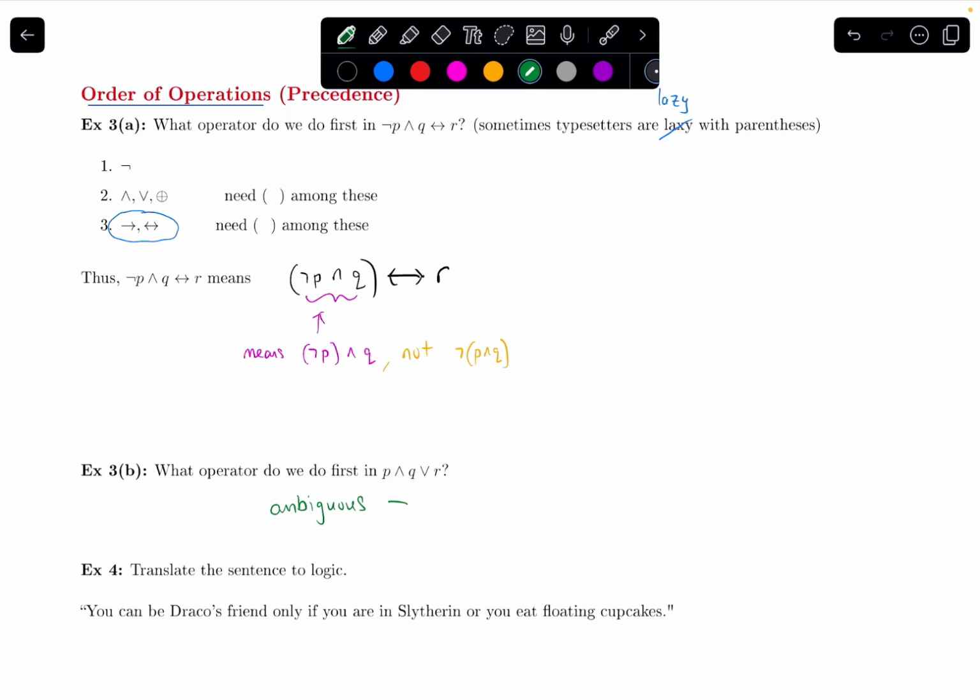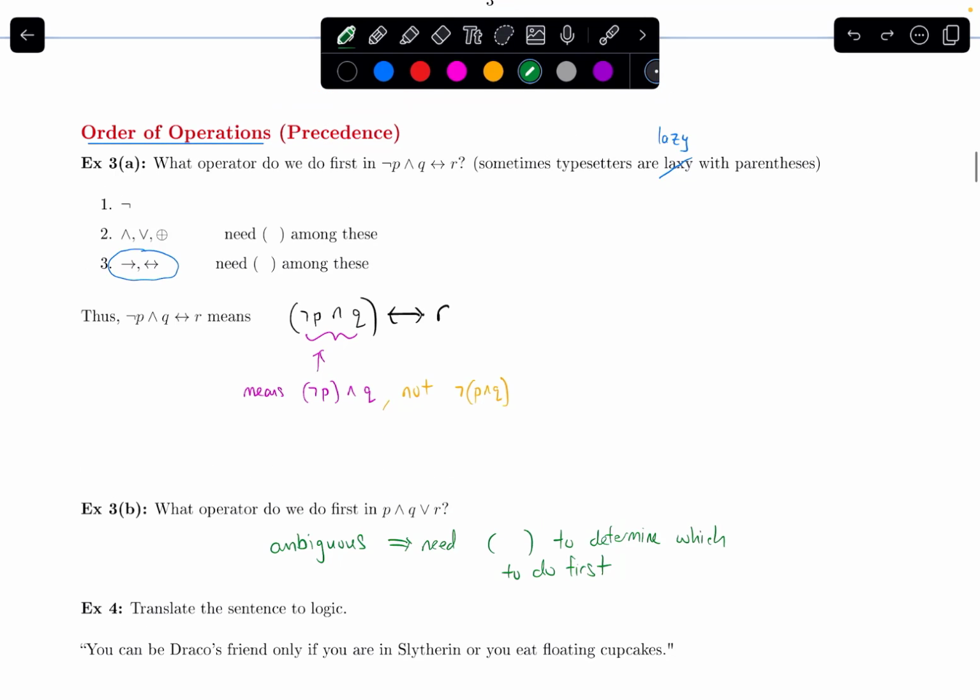So we would need parentheses to determine which to do first. Okay. So in all the problems I'll give you to work out, in a situation like this, I would always include the parentheses. But if you do have stuff like this given to you, then we can use these order of operations to determine which we do first.